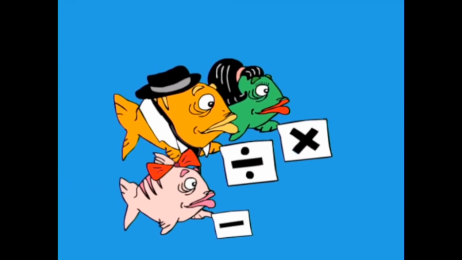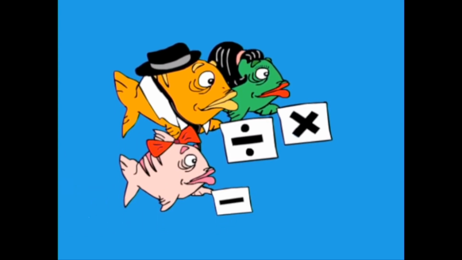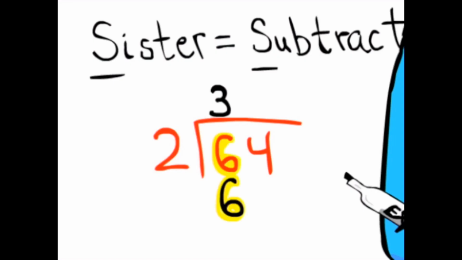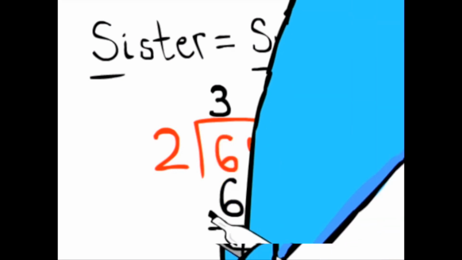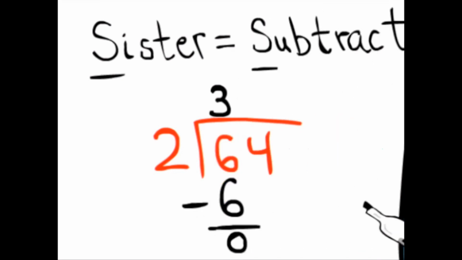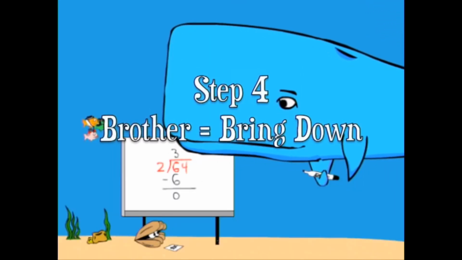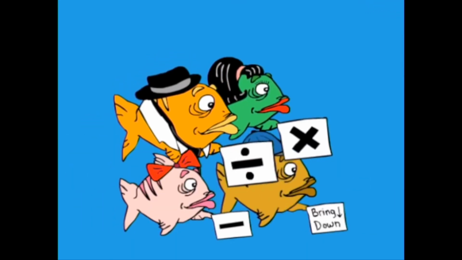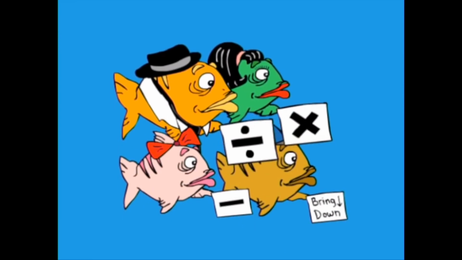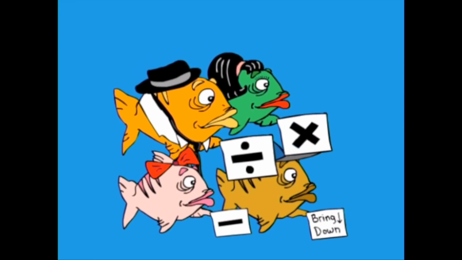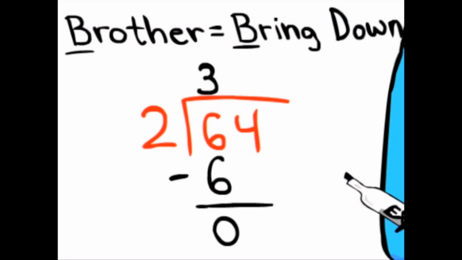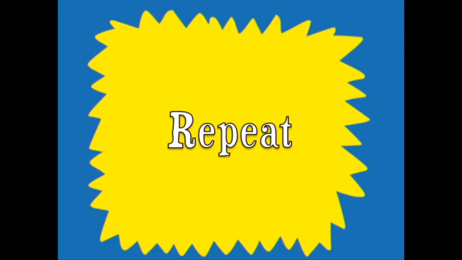Sister is subtract. And brother is bringing down. Then repeat the steps.